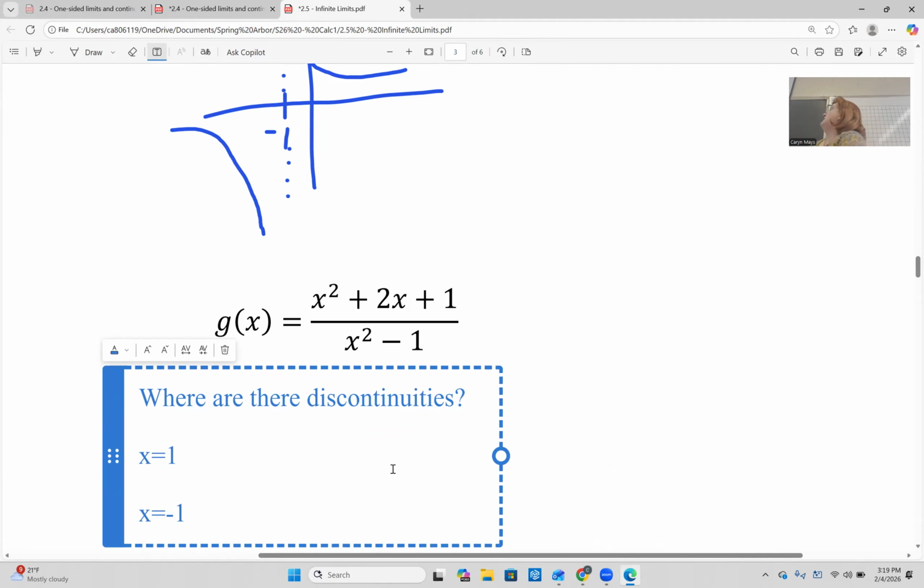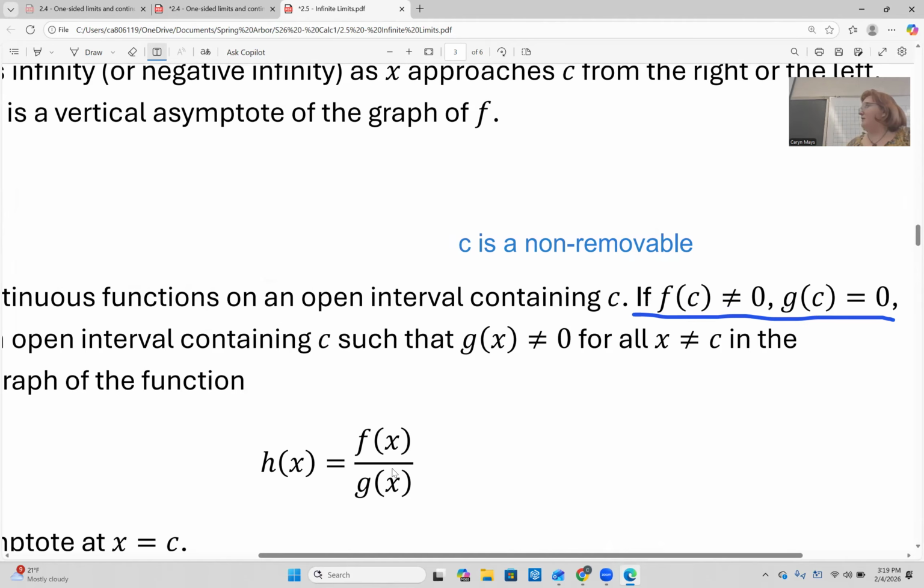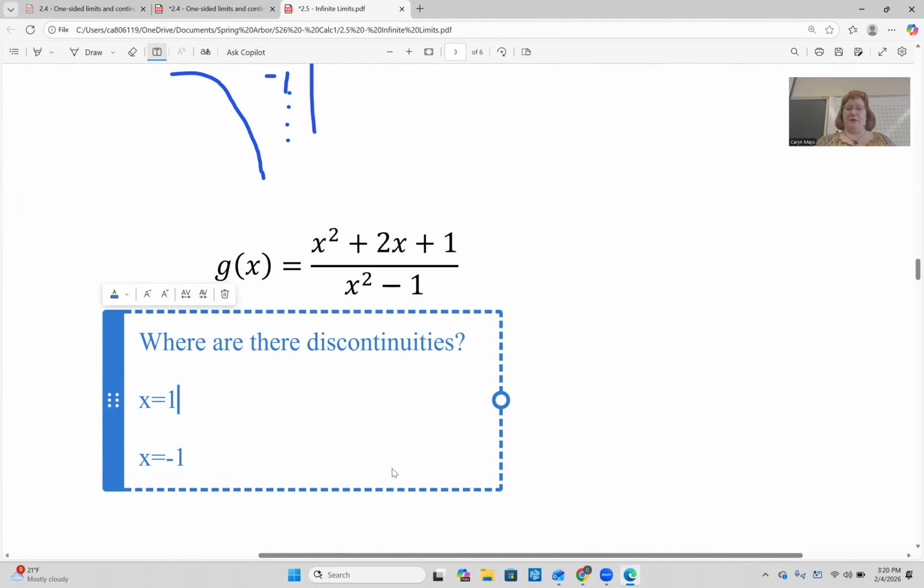Now, are they both vertical asymptotes, or is it going to be one or the other? I'm going to go up to this definition, and it's the non-removable one, meaning I can't cancel them away. So let's try plugging them in.